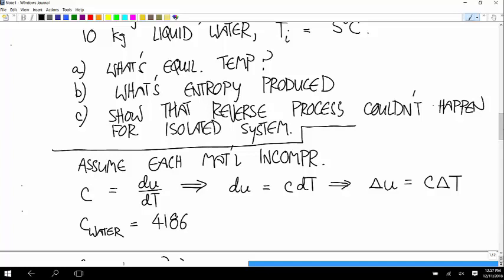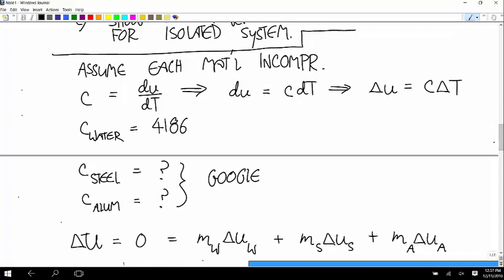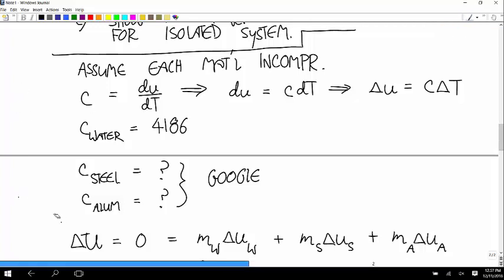Show that the reverse process couldn't happen.